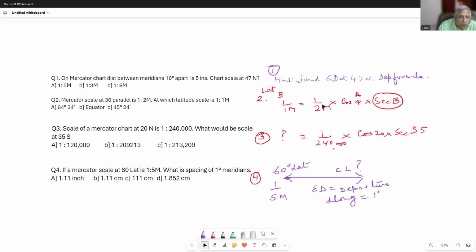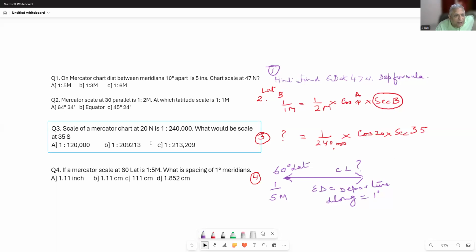Scale at latitude A into cosine of latitude A will give you the scale at the equator, multiplied by secant of the second latitude will give you the scale at the second latitude. The scale is already given to you. He wants to know what is the value of this second latitude B. Nice question. A little bit of mathematics, and you are all good in mathematics, I know.